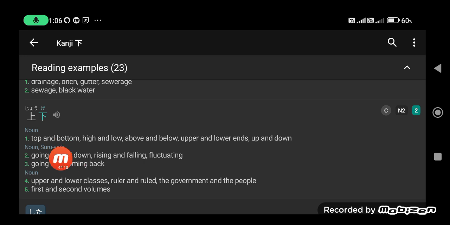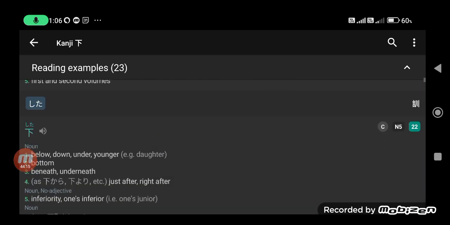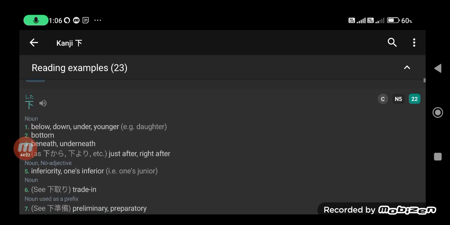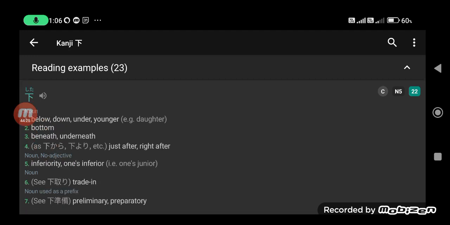Joge: top and bottom, high and low. Joge. Shita is below. Shita means below, or down, under, or bottom, or beneath, underneath. Or just after, right after.